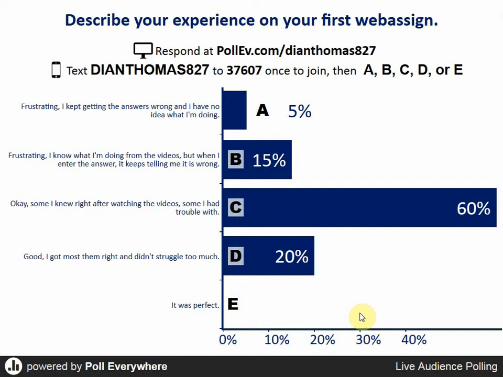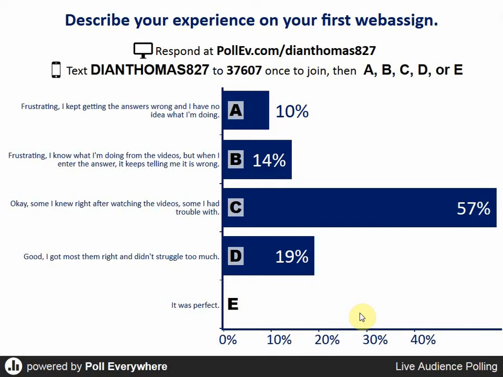Can you articulate to me what you were having trouble with on some of the WebAssign? Did you get it after a few times or within the allotted time, but it was just a little bit frustrating? What was the frustration? Was it the math or was it the entering, how you would enter it?